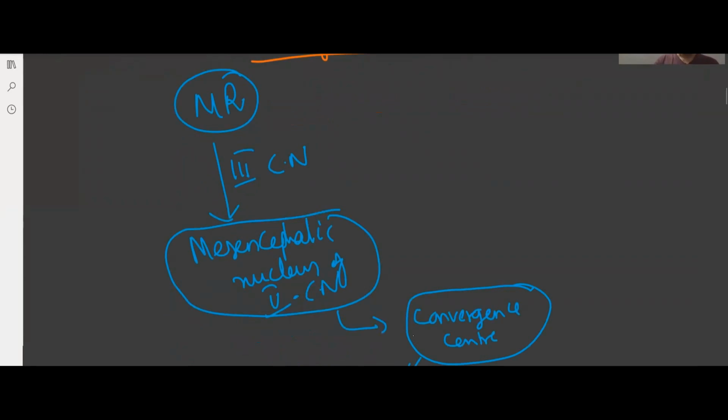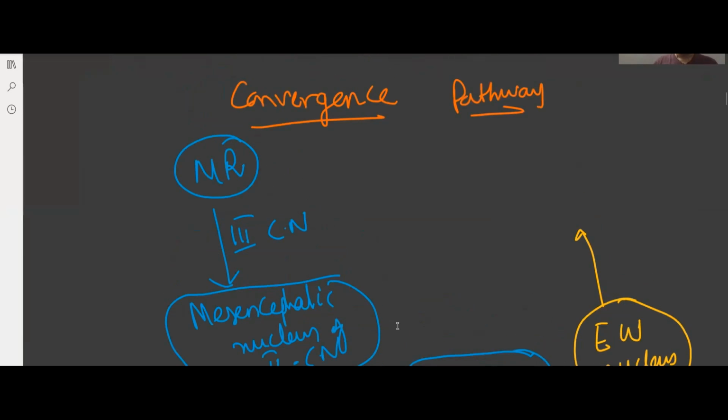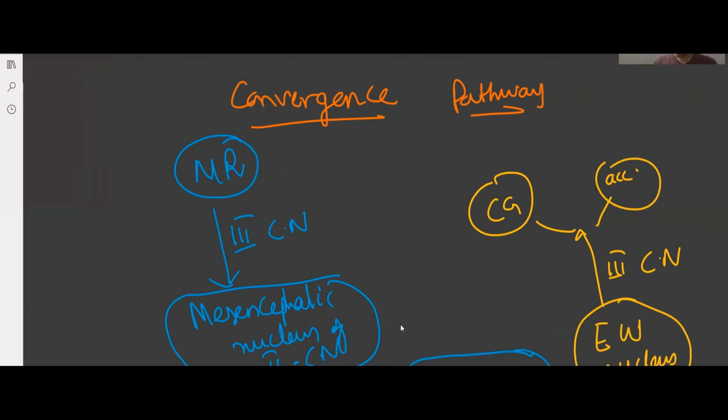From the convergence center, the fibers go to the Edinger-Westphal nucleus. Then the story is the same, except that we have two ganglions. From the Edinger-Westphal nucleus, it is carried by the third cranial nerve to the ciliary ganglion as well as the accessory ciliary ganglion. From there the fibers go to the sphincter pupillae through the short ciliary nerves, so whenever you converge, there is constriction of the pupil.